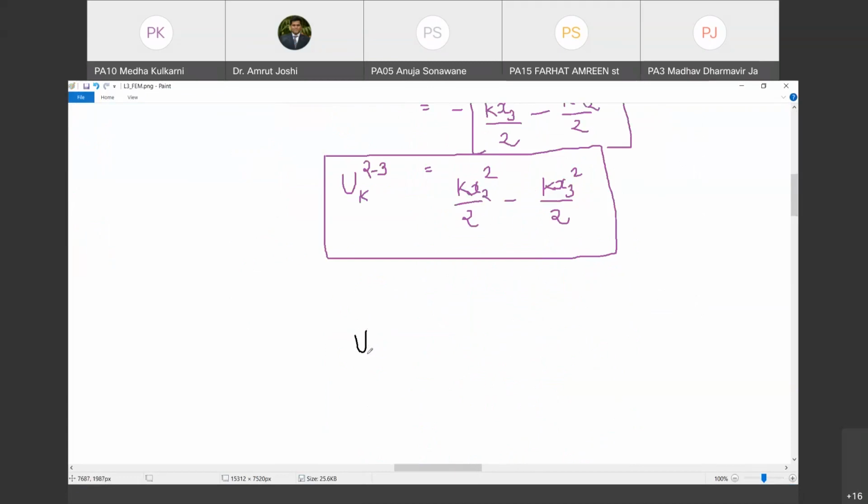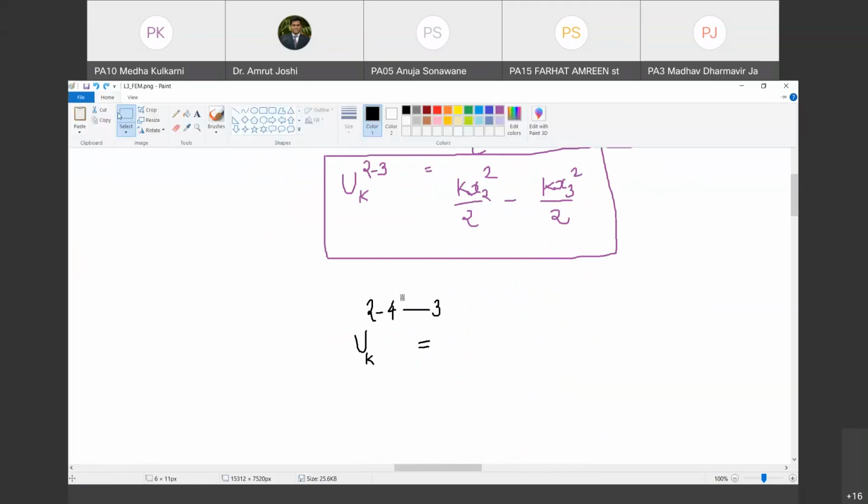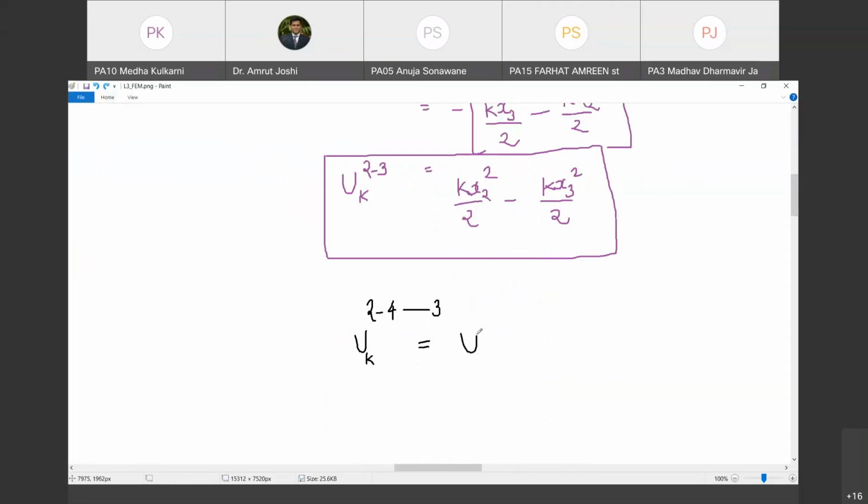So work done by the spring force as the object moves from 2 to 4 and then from 4 to 3. Tell me, how should I split this? Work done by the spring force as the object moves from 2 to 4 plus work done by the spring force as the object moves from 4 to 3.